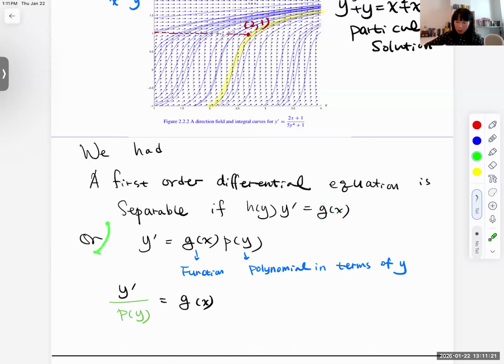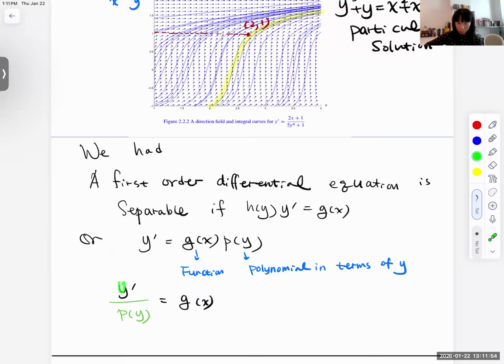Then this one introduces a different format. Look, we have a function p of y, which is a polynomial in terms of y, and on the other side g of x.